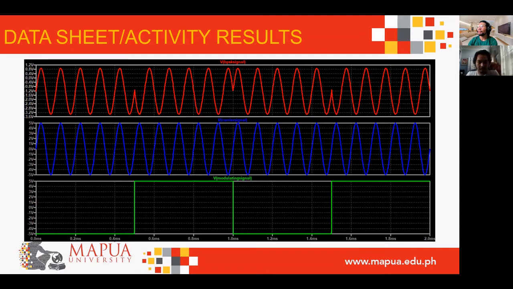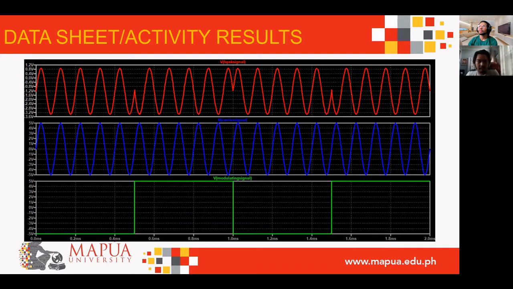Then these are the simulated results for the BPSK modulator signal. The lower part, the green labeled graph, is the modulating signal, which is in binary form: it starts at a low input, then transitions into a high output, then transitions back to low input, then high input.